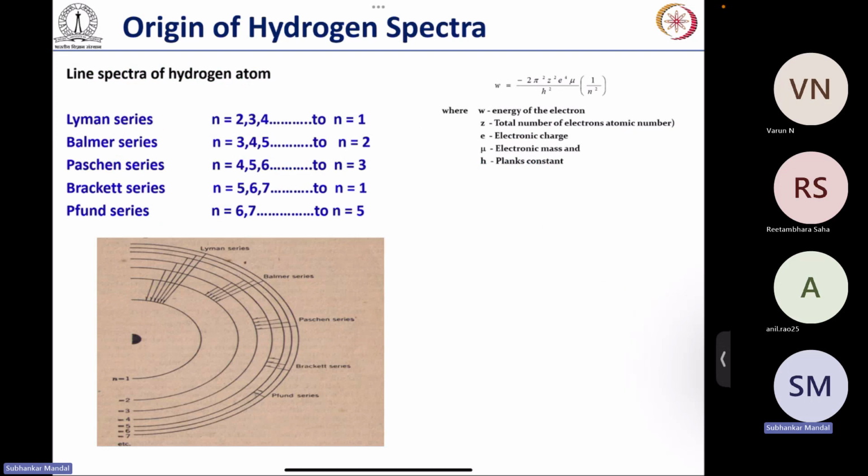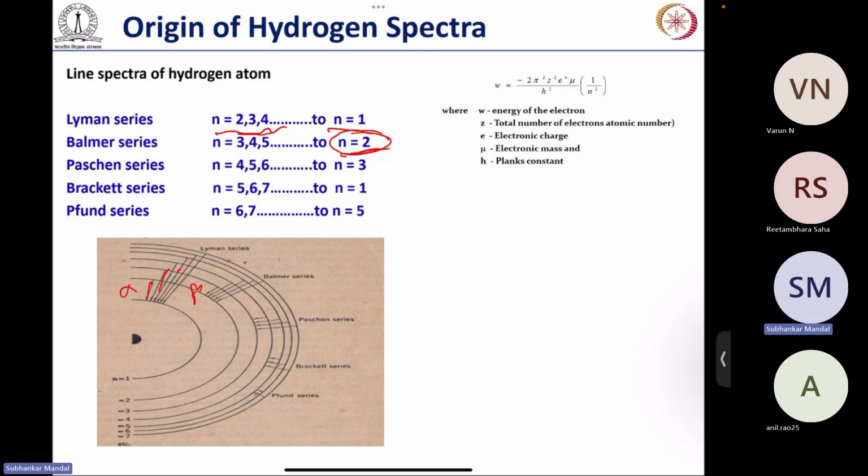Then the different origins of hydrogen spectra, like the Lyman, Balmer, Paschen, Brackett and Pfund series. When the transition happens from a higher energy atomic orbital to the n equals 1 orbital, that is called the Lyman series. If it is n equals 2, that is called the Balmer series. There are also different small lines, like alpha, beta, gamma. If it is coming from 2 to 1, that is alpha. If 3 to 1, that is called beta.